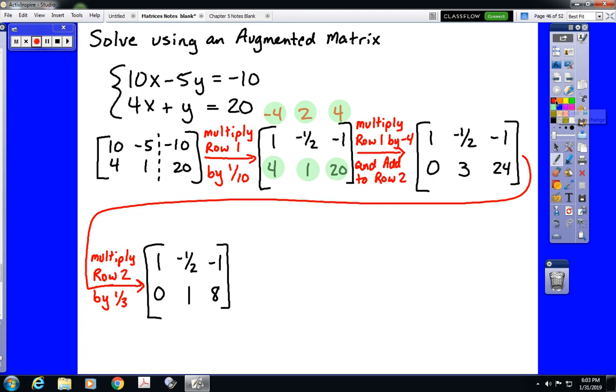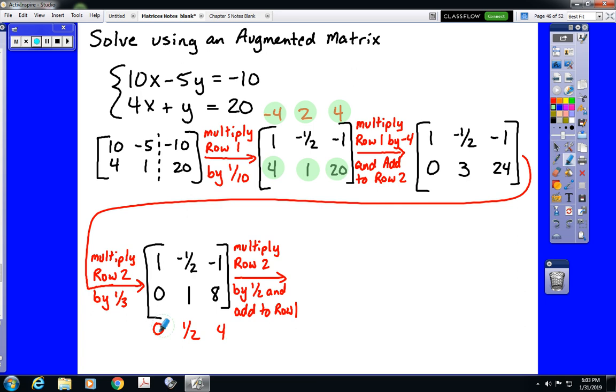Then we need to carry out one more combo move. So we're going to multiply a copy of row 2 by 1/2 and add it to row 1. So that would be 0, 1/2, and 4.